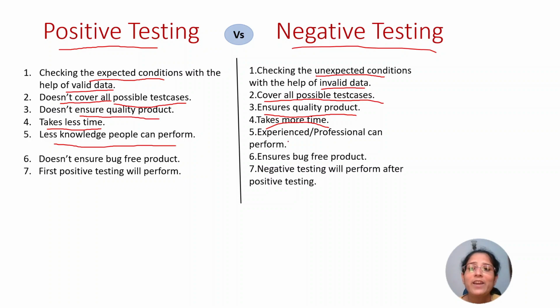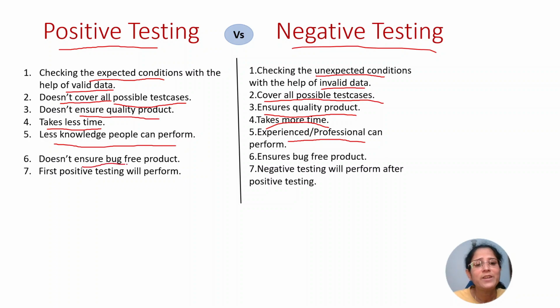But in negative testing, we need a professional who has more years of experience and more knowledge about the application, whether past experience or domain experience. That kind of tester can think about all the possible scenarios, permutations and combinations to break the application, so that the application can be more robust and stable.